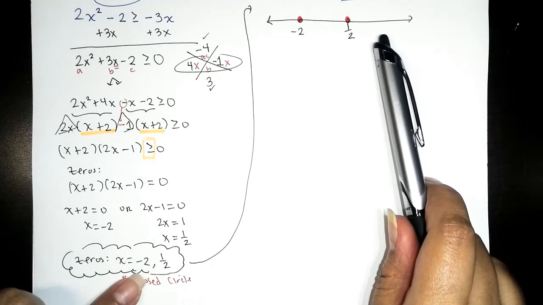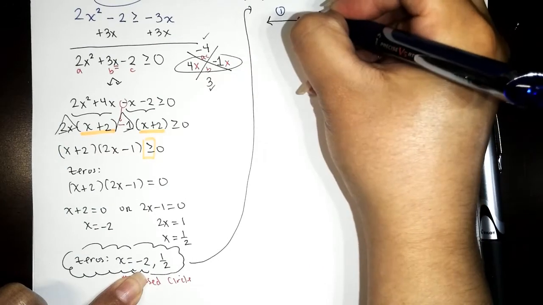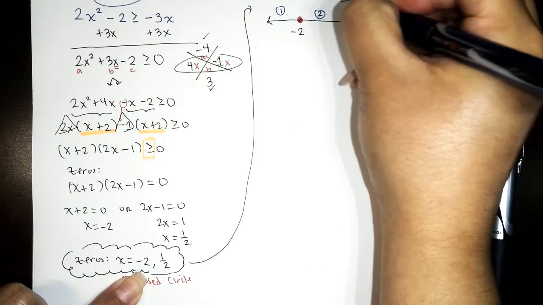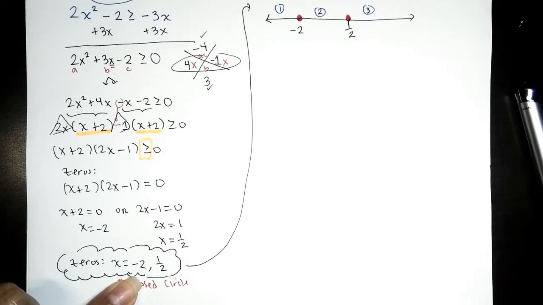If we have 2 zeros, then guess what? We're going to have 3 test intervals. As I said in the earlier example, go back to the other video, I need you to label them, number them. Test interval number 1, 2, and 3, and then I need to see where each interval is tested. Let me zoom in now.